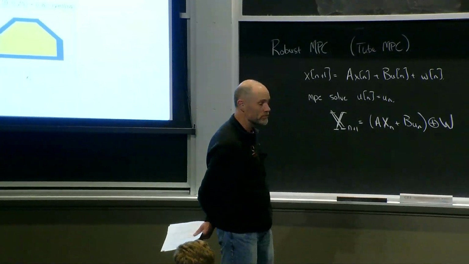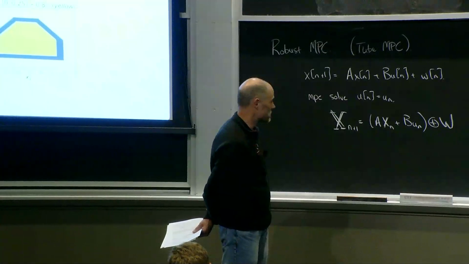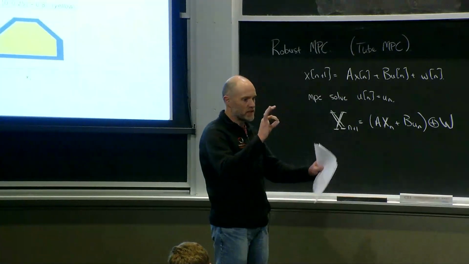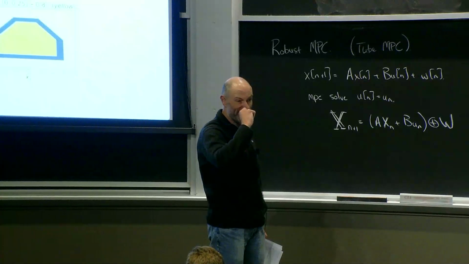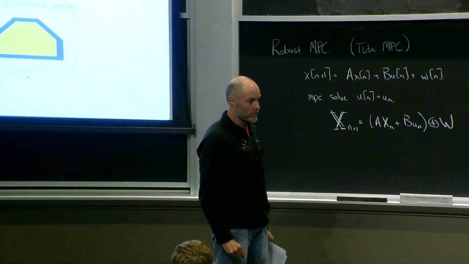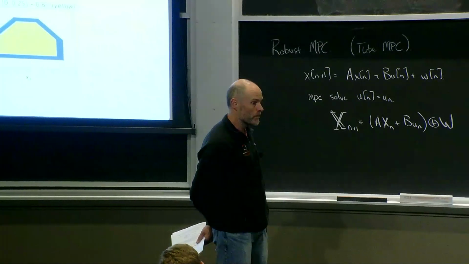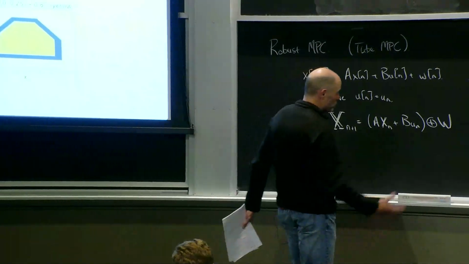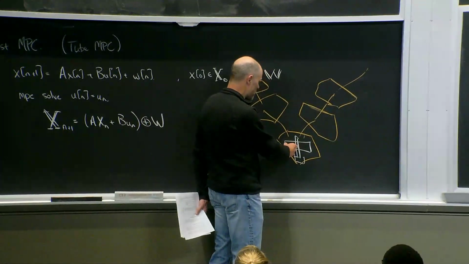No, it could be a point. And then after one set, the Minkowski sum of a point with w is going to be just w after one step. Yep. I mean, you really could be, if you know exactly where you are, then just make it a point.